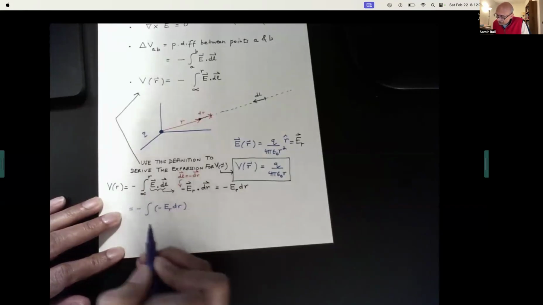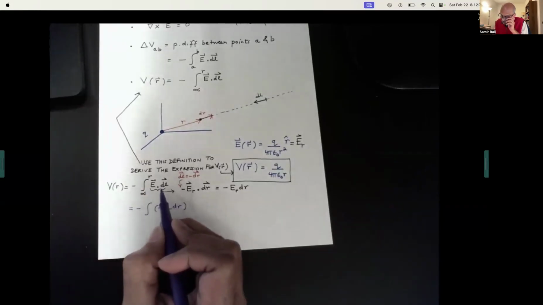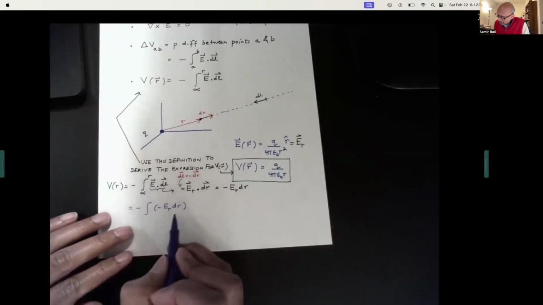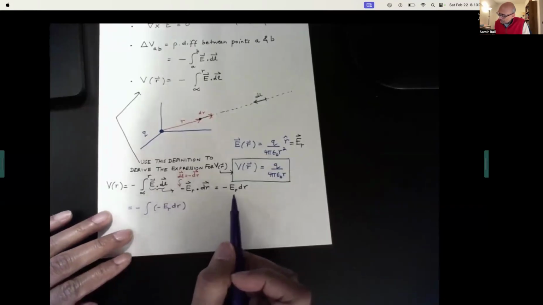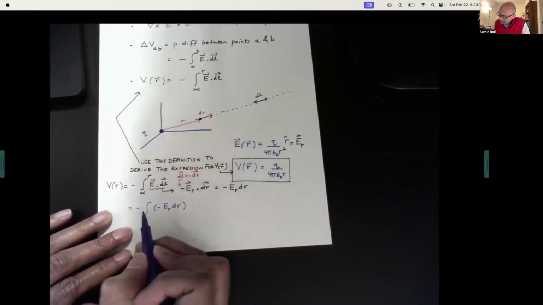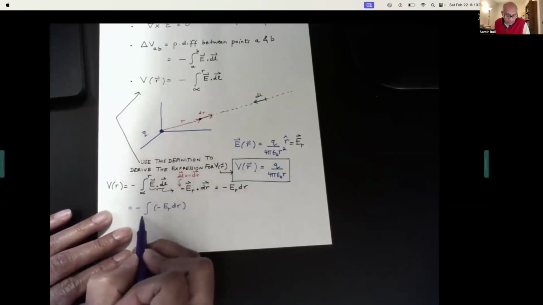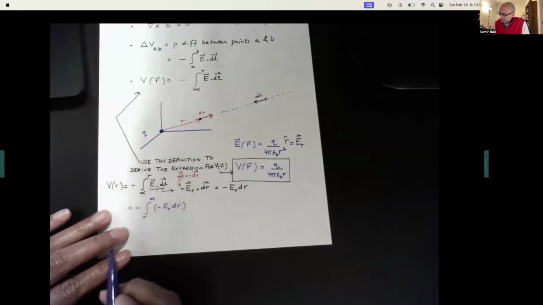The variable dl was going from infinity to r, but because dl and dr have opposite signs, for dr the integral will go from r to infinity. You see, that's an important point.